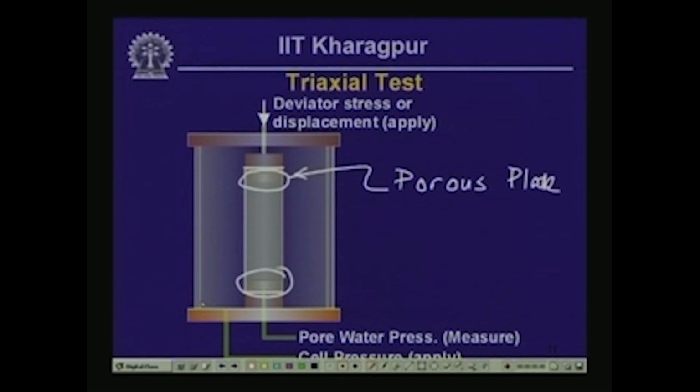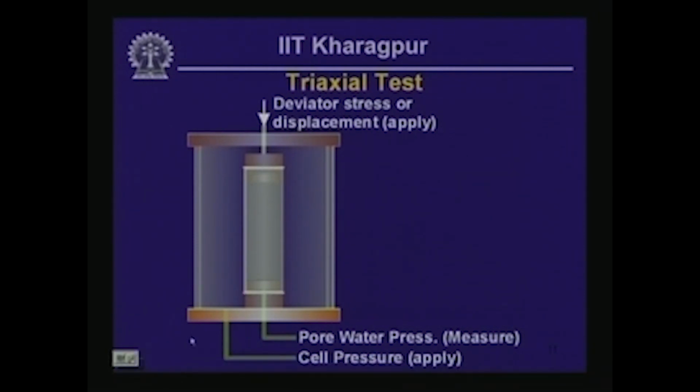We are going to explain what is meant by that when we go further on soil and rock testing in one of the later presentations. So, this is how we actually conduct a triaxial test.